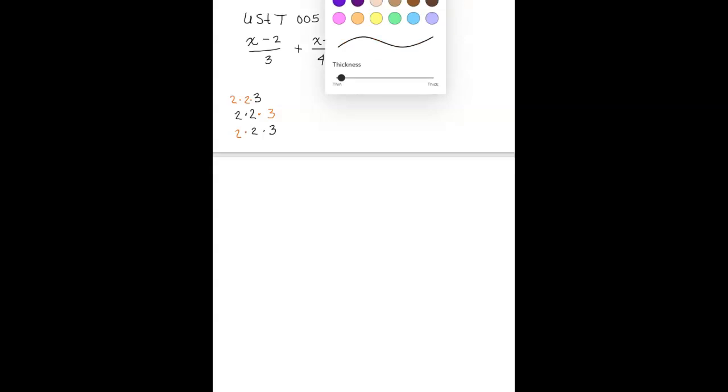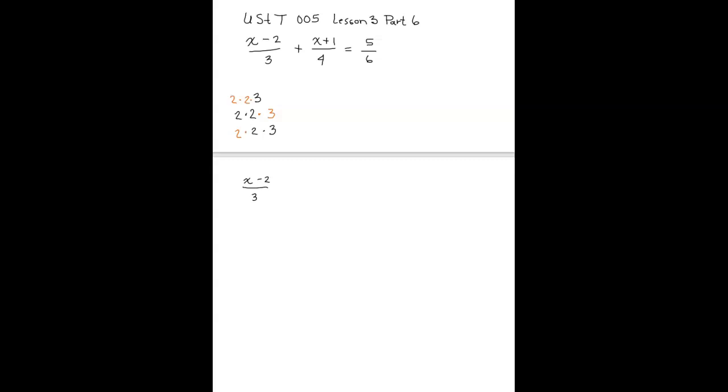And I'm going to have my x minus 2 all over 3. And I'm going to leave a big old space. And then I'm going to have an x plus 1 all over 4. Again, I'm leaving a space. And then I'm going to have my 5 over 6.